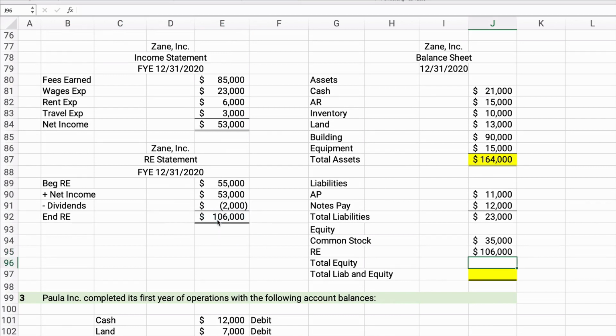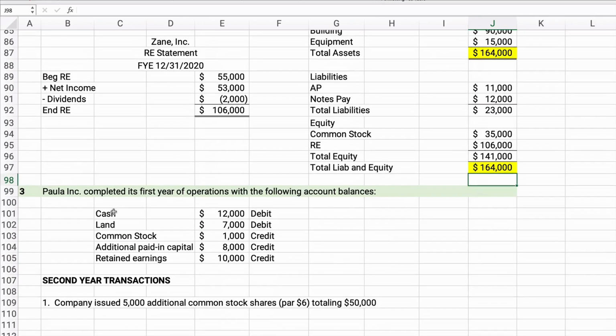So it's 106,000. So let's calculate the total equity. The total equity is 141,000. So we're going to add the 23,000 plus the 141,000. 164,000 is our total assets, and now it's our total liabilities and equity. All right, we've got the second problem knocked out.